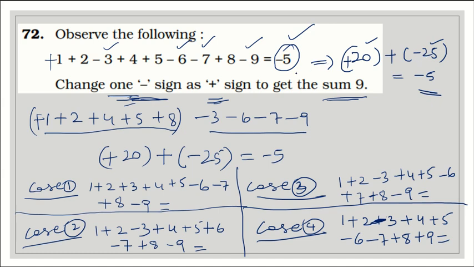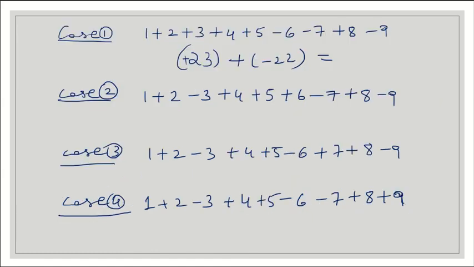Similarly in case 2, when this 6 becomes positive, 20 is increased by that 6 and 25 is decreased by that 6, and when these two are added, it gives me the sum.